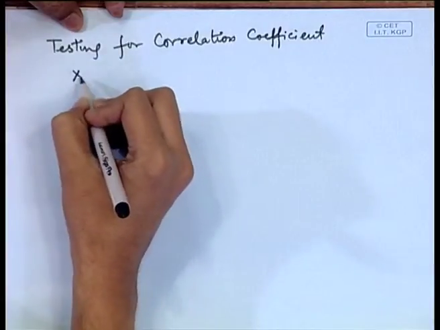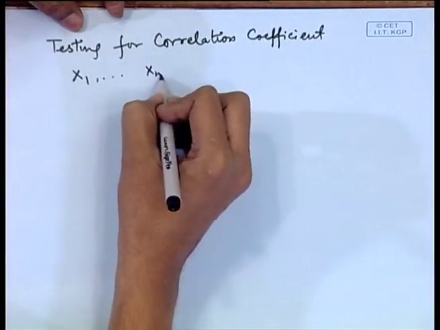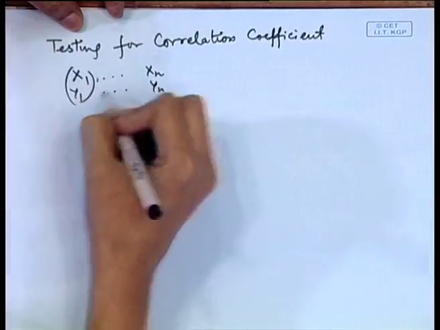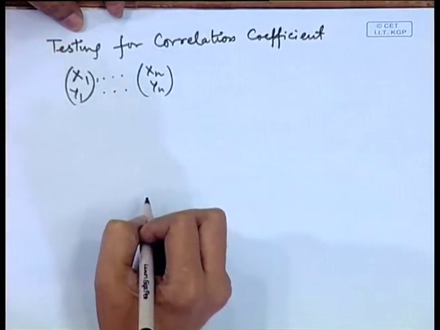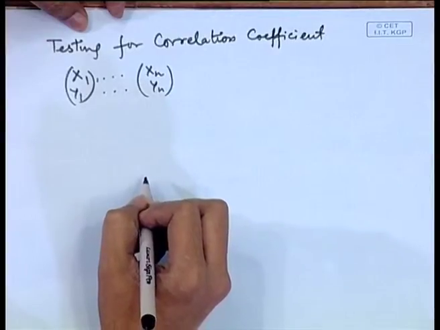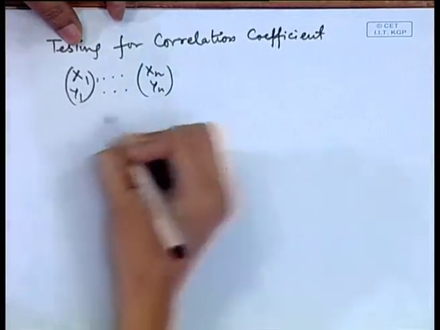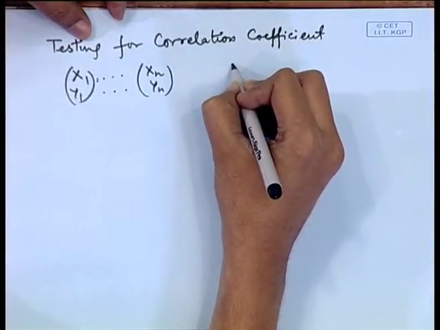So, we have the data x 1, x 2, x n, y 1, y 2, y n. So, in the two data sets we consider the sample correlation coefficient and the population correlation coefficient.